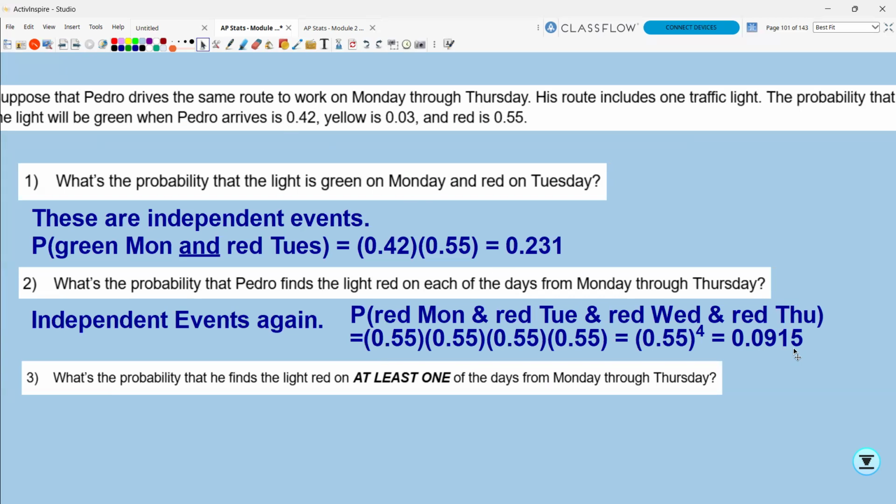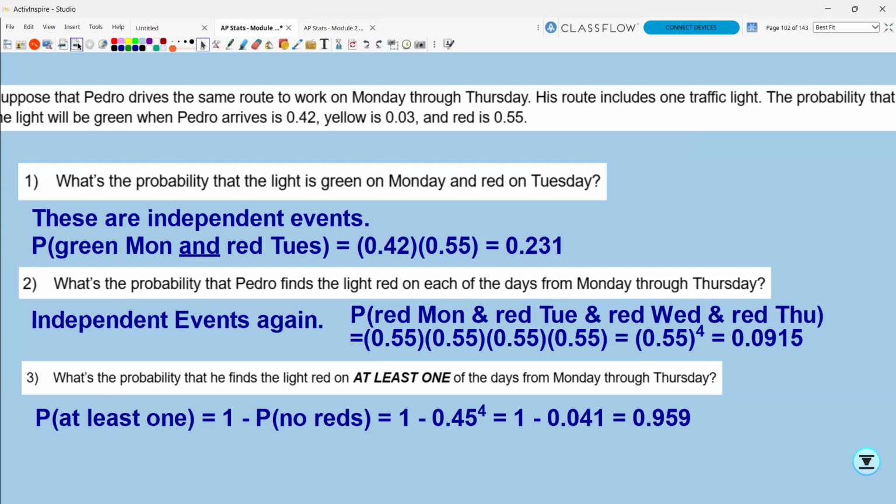Question 3, what's the probability that he finds the red light on at least one of the days from Monday through Thursday? This one's a little tricky, but at least one is the same as the probability that there are no reds subtracted from 1. So the probability that none of them are red is going to be 0.45 to the fourth power instead of 0.55 to the fourth power where all of them are red.